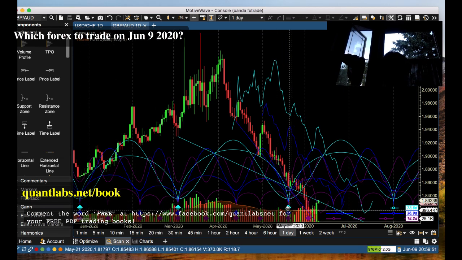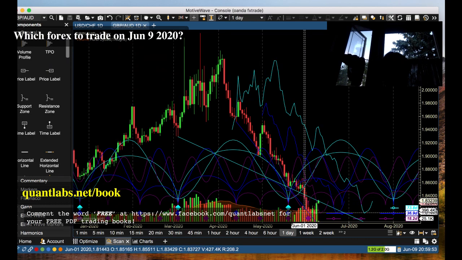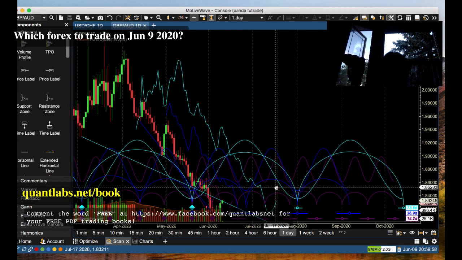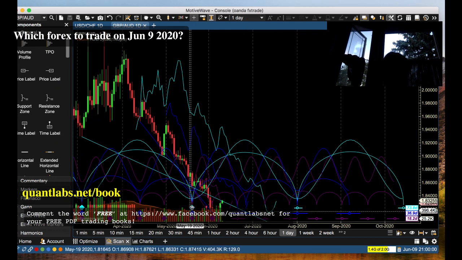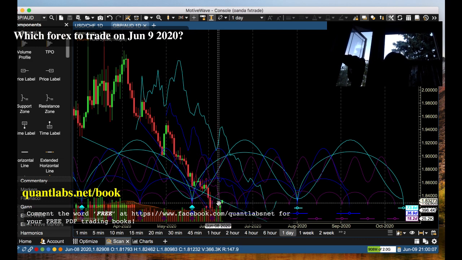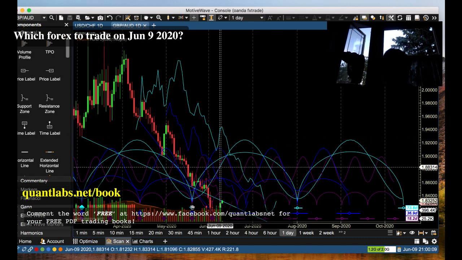So this, as it continues, yes, we may be in a reversal here. You can see it's starting to bounce up. So let's see what the Ichimoku says.